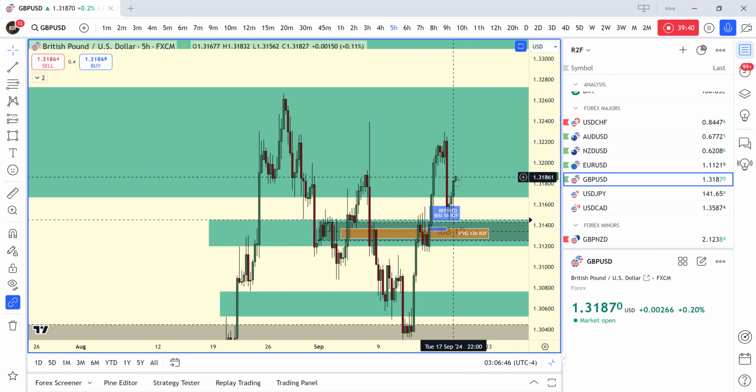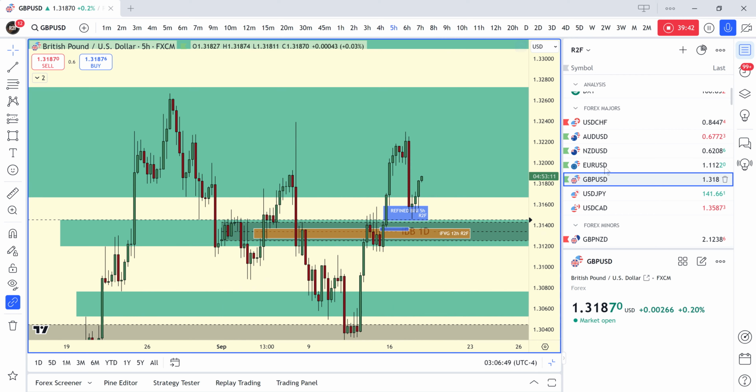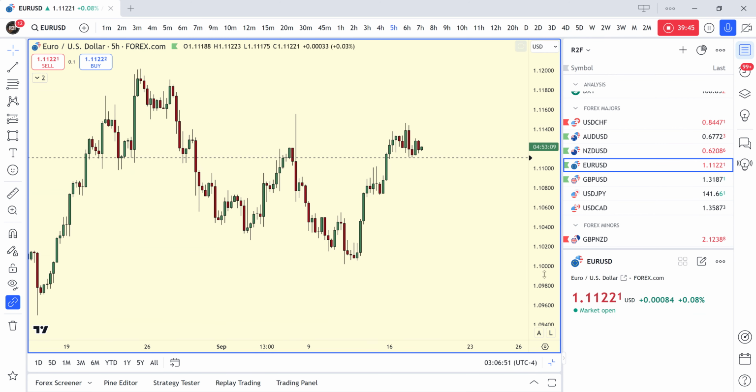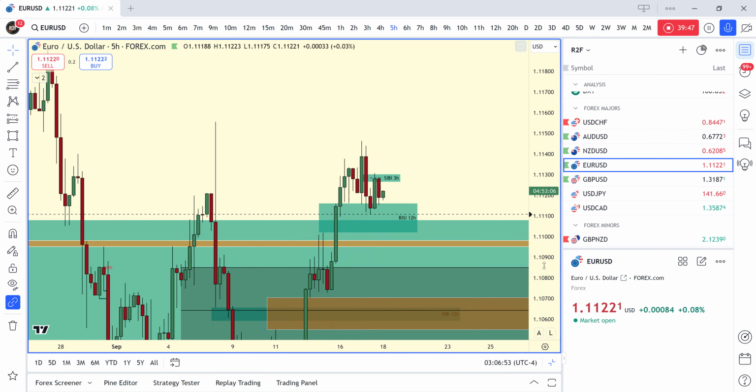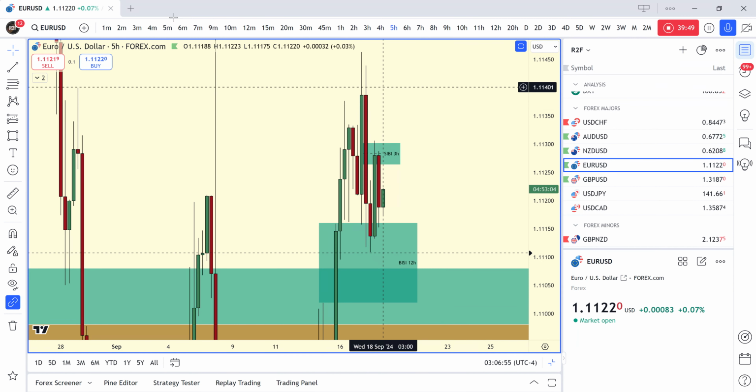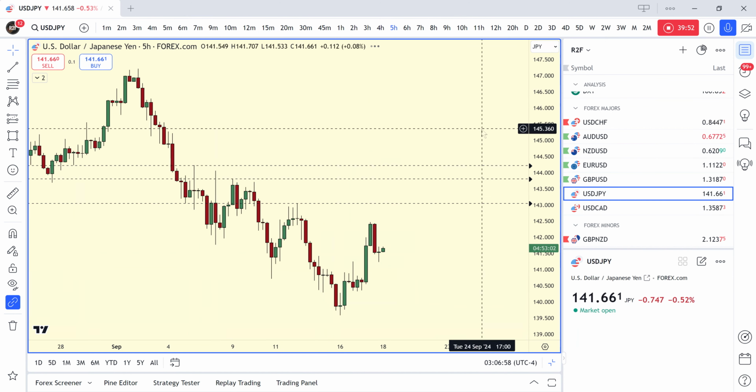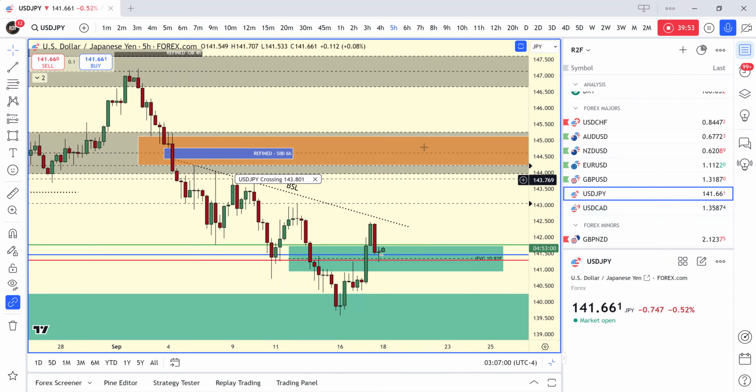Yeah, just could be a retracement. So we'll see. Back to Mr. Yen. No?